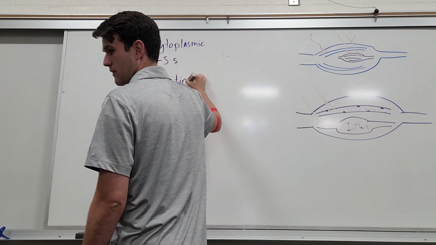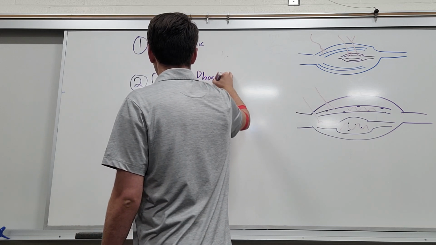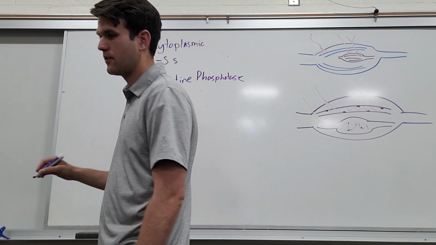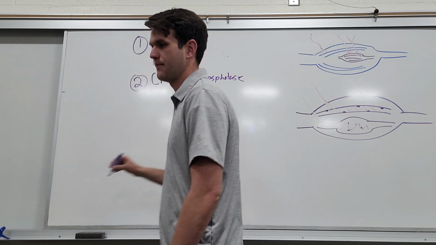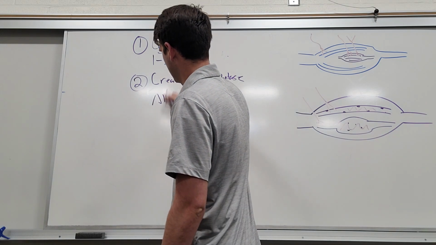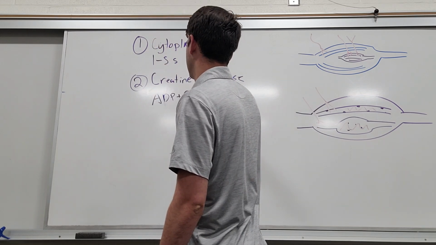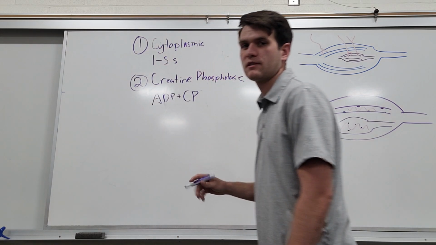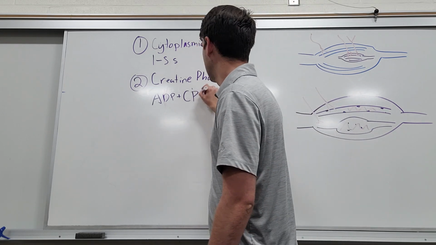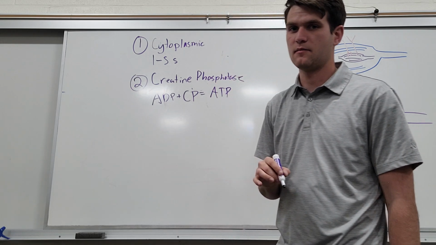creatine phosphatase. Okay. Now what our creatine phosphatase does is it essentially finds all these ADPs kind of floating around, and it's going to bind to it. So it's going to take this phosphate and add it to ADP to make some ATP.